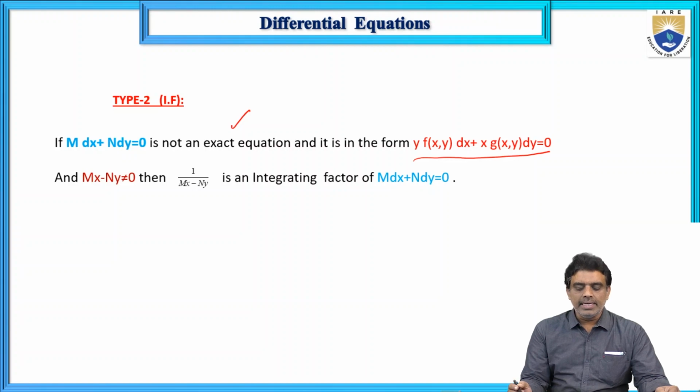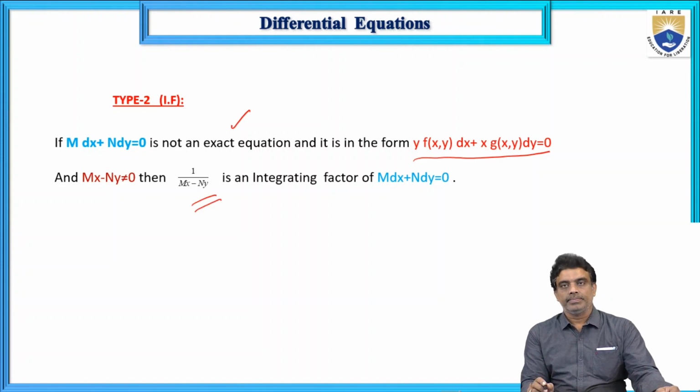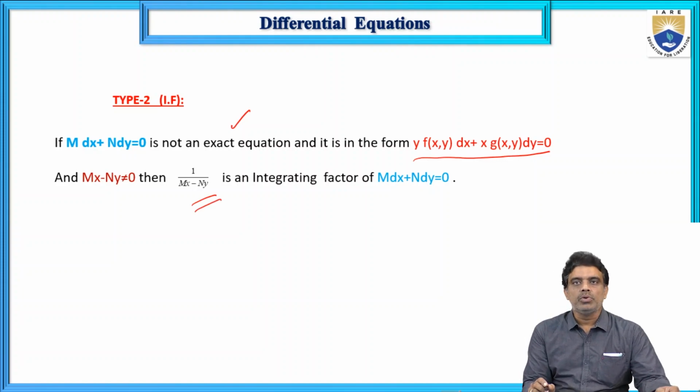Then the integrating factor of the given equation is 1 by (Mx minus Ny). This is the type 2 integrating factor model.